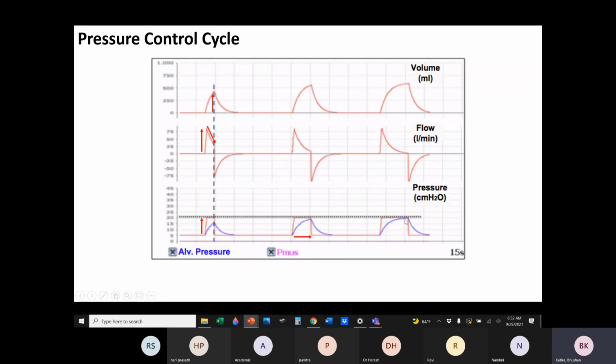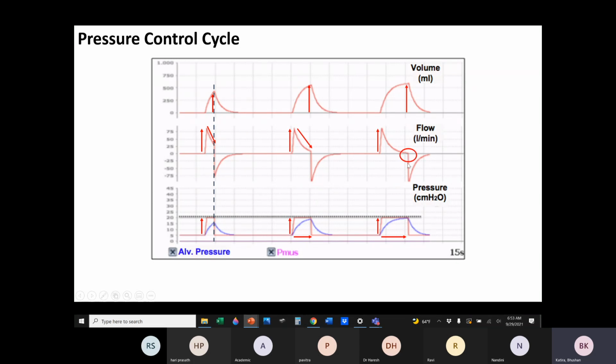When alveolar pressure and the airway pressure become the same, you will see that flow becomes zero because there is no flow now. When the flow becomes zero, that is the time when the airway pressure and the alveolar pressure are the same. It is that portion here which is nothing but the plateau pressure.